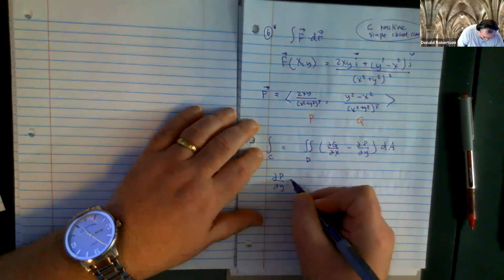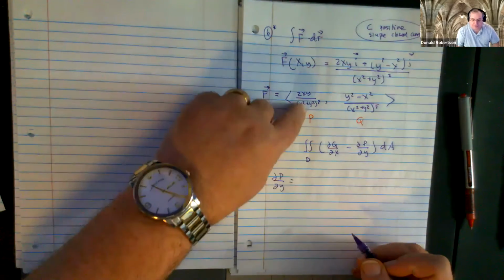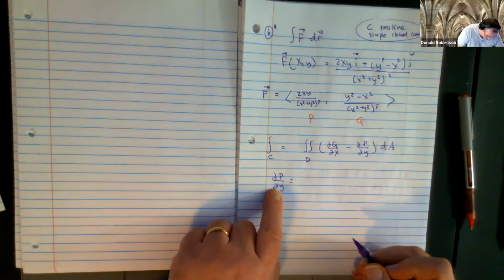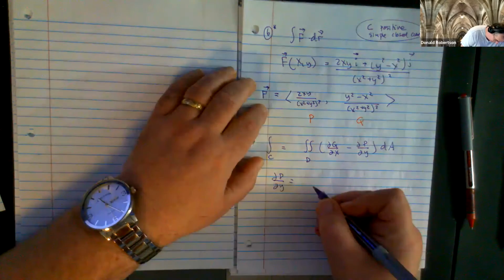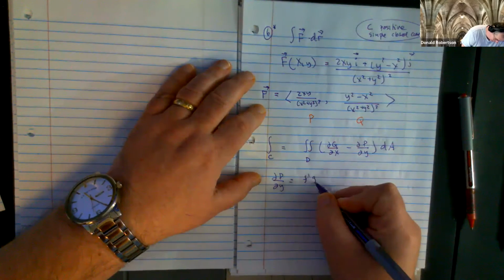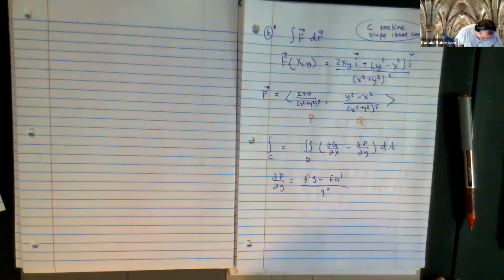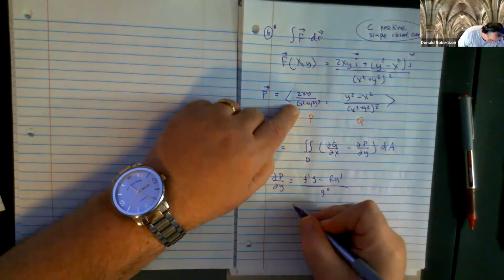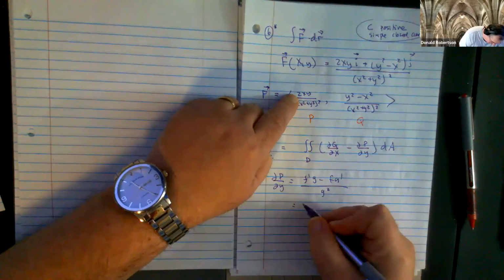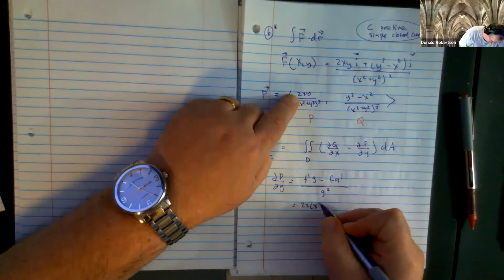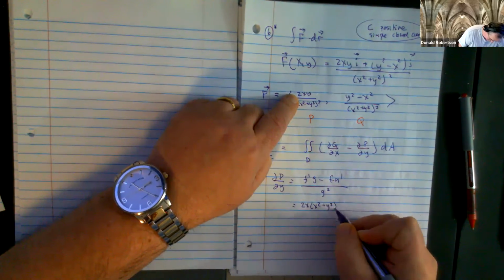If you want to differentiate this ugly fraction, the partial derivative with respect to y, I'm going to have to do f dash g, take away f g dashed, all over g squared. And that's going to get me, if you differentiate the top, you're going to get 2x, and you leave that guy alone.